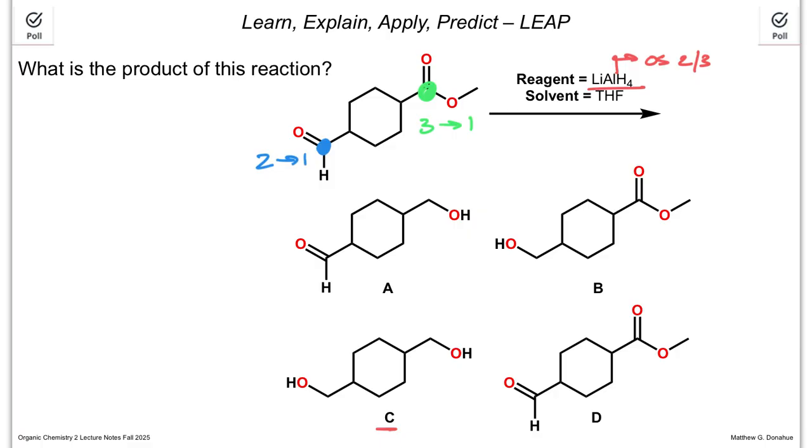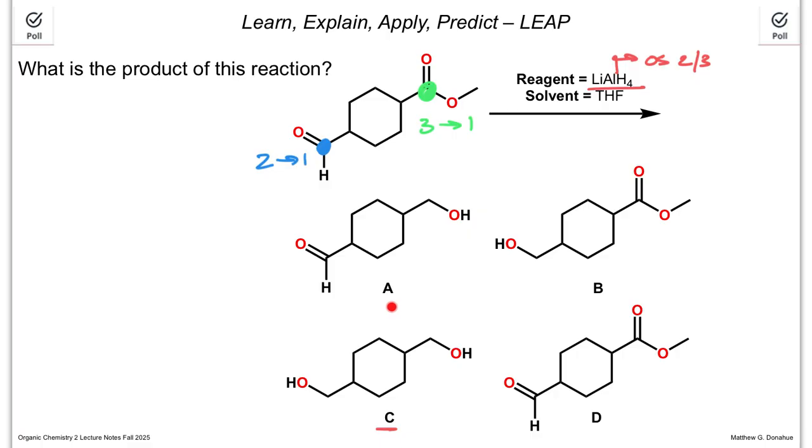So we won't talk about this for the current module, but the one coming up. So we've seen sodium borohydride can allow us to make B. Lithium aluminum hydride can allow us to make C. D is what we're starting with.